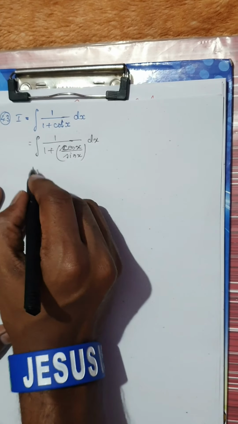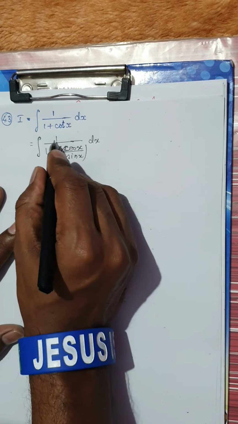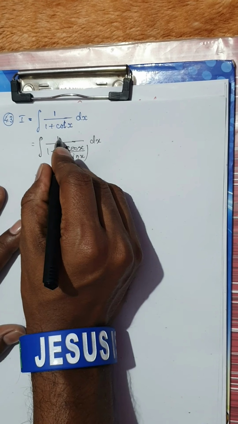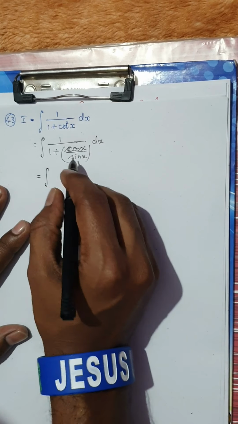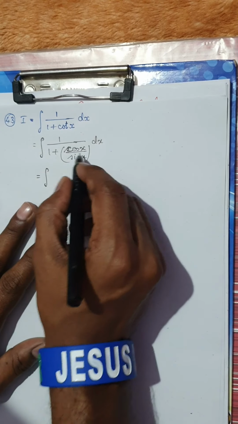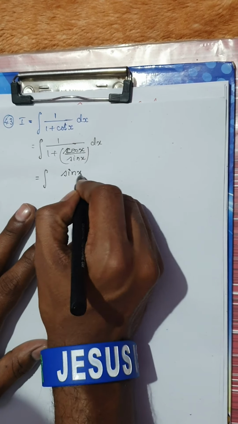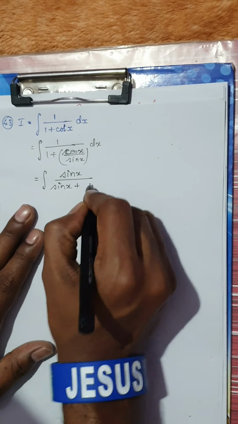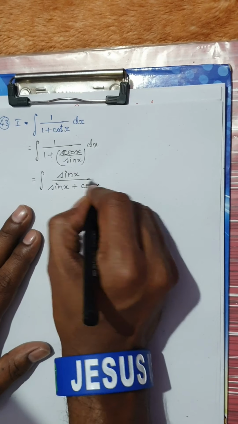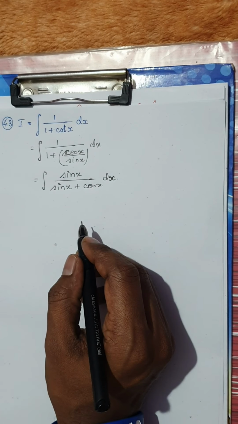Now if you take the LCM, this sin x will be multiplied here, and a divided by b by c would be a by bc. Or else multiply both numerator and denominator by sin x. I will get sin x divided by sin x plus cos x dx. This is the only simple way of solving this question.